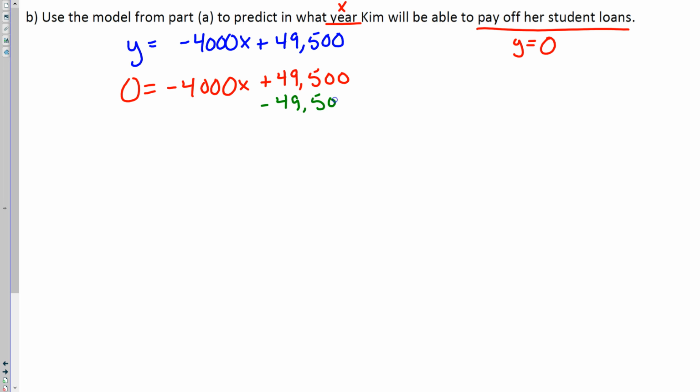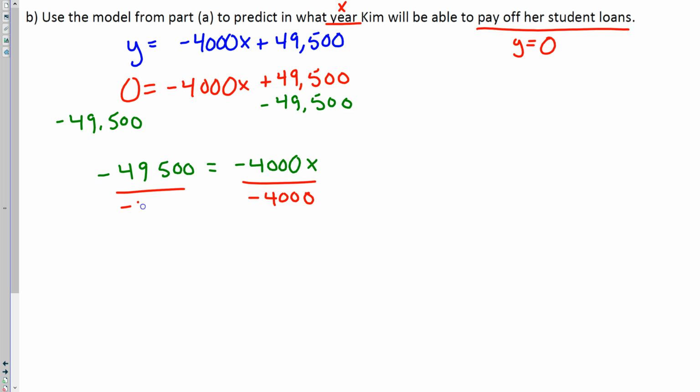So I'm going to subtract over the 49,500. So negative 49,500 equals negative 4,000x. And then divide out the negative 4,000. Being careful there because we are dividing two negatives, the result's going to be positive.